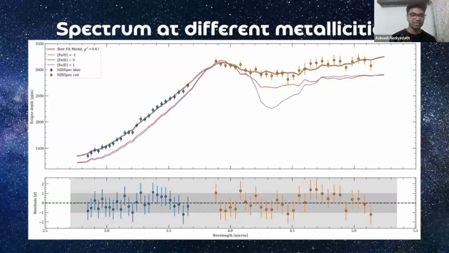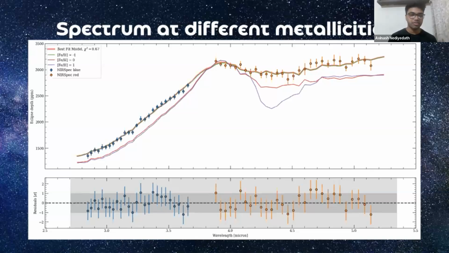And this is how WASP-77AB behaves. When the metallicity is equal to -1, it is similar to the original plot, since what we got was about -0.97. Since it's very close, it doesn't make much of a difference.